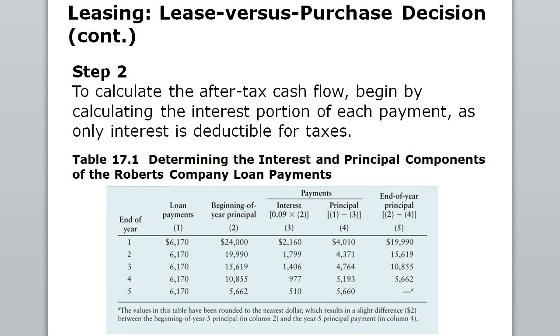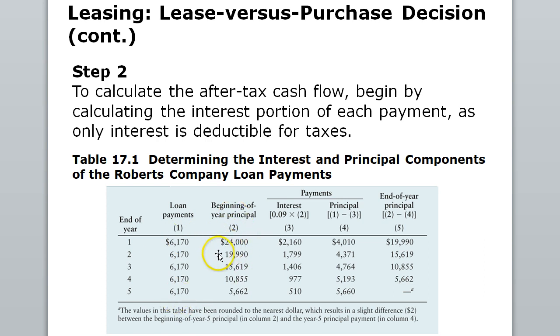Moving on to step two, calculate the after-tax cash flow. We begin by calculating the interest portion of each payment, as only interest is deductible for taxes on the purchase decision. We know our loan payment here, and we have our principal at the beginning of the year.